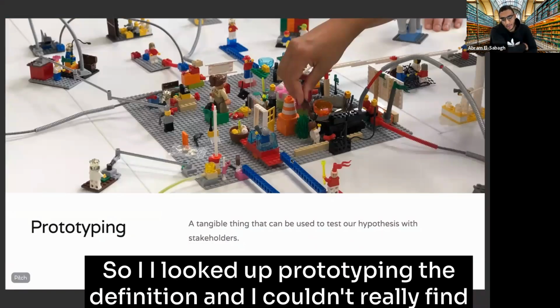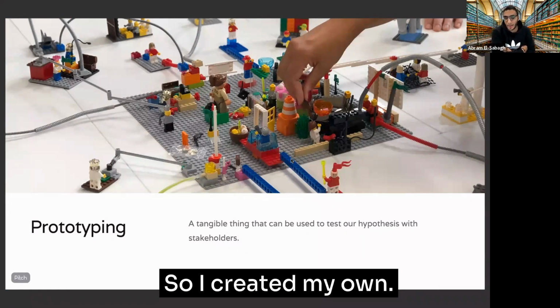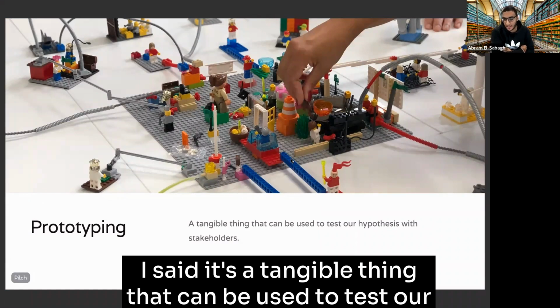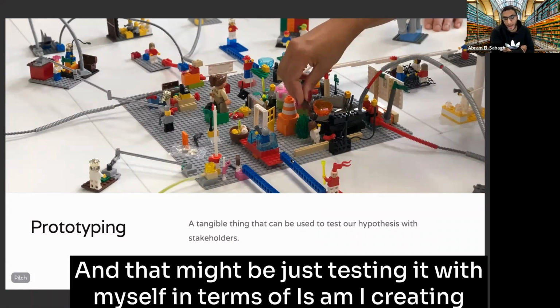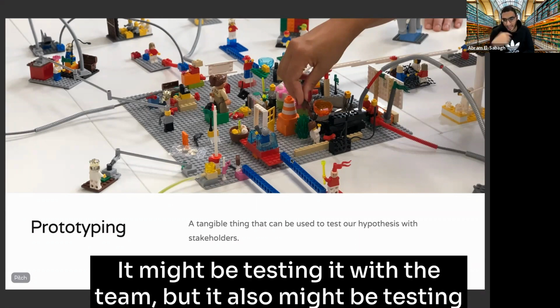Cool. So I looked up the definition of prototyping, and I couldn't really find a definition that I actually liked. So I created my own. I said it's a tangible thing that can be used to test our hypothesis with stakeholders. And that might be just testing it with myself in terms of am I creating what I envisioned in my head? It might be testing it with the team, but it also might be testing with the community, right?